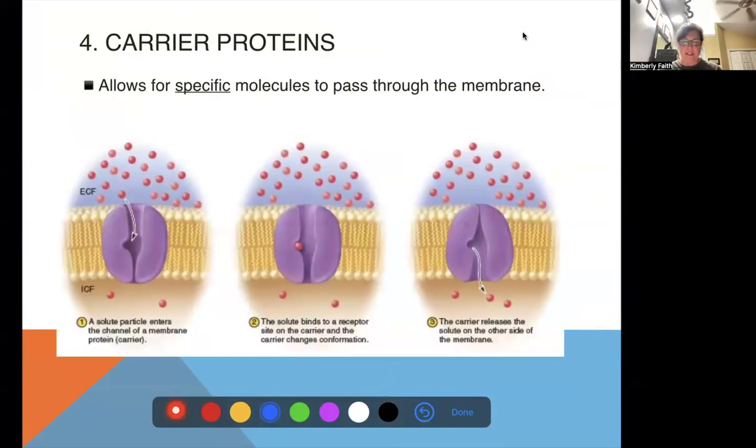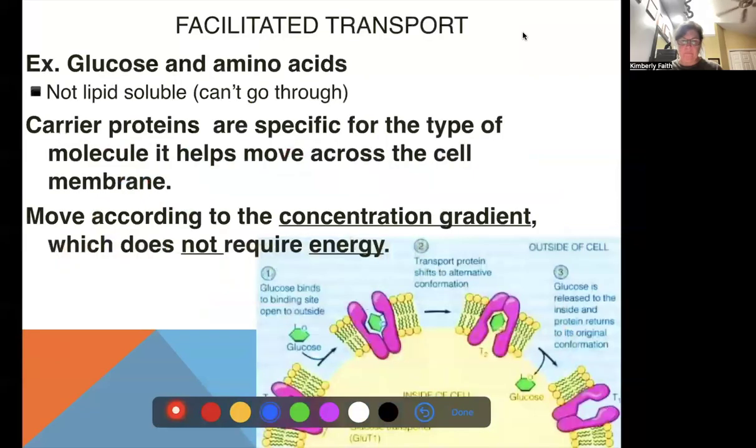Here's our carrier protein. We can see with our carrier protein, the high concentration, it's going to move it into the cell as that substance, or we can call that a ligand again, binds to that binding pocket, and then it changes shape and moves it to the interior of the cell. Now, we call these facilitated transport because they help.